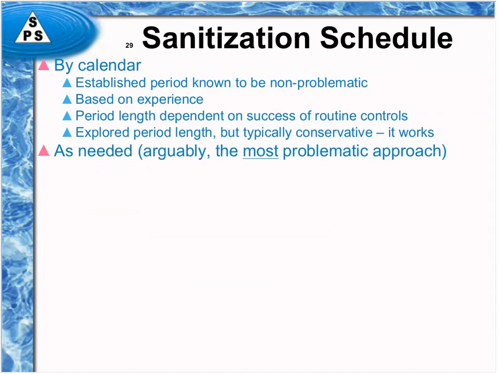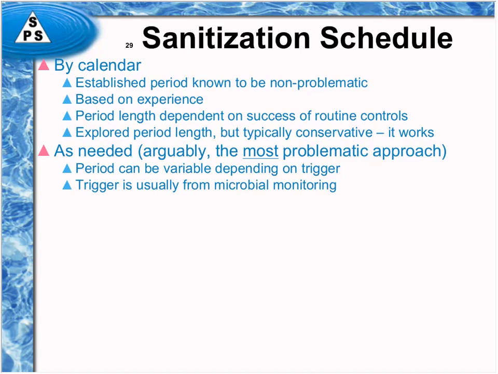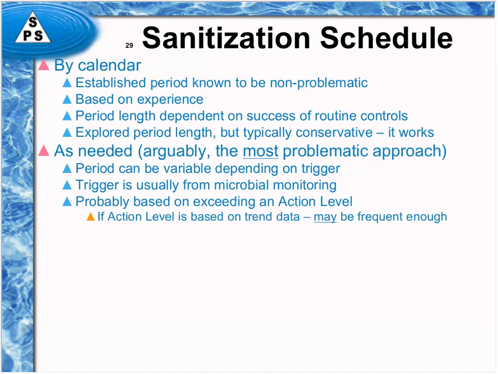If you do it on an as-needed basis, this is probably the most problematic way to do it. Usually the period is triggered by something, and often it's a microbial monitoring trigger. You've exceeded an action level or something like that. If the action level is based on trend data and not a number out of a book, or a fraction of a number out of a book, it may be frequent enough.